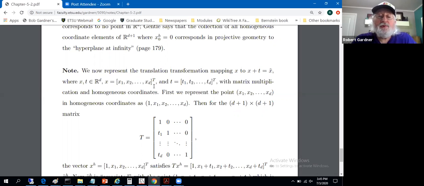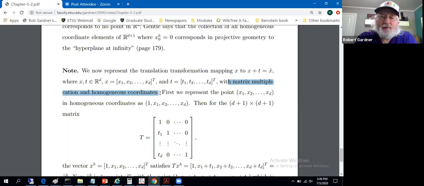And what we're going to do is represent translation with matrix multiplication. But you can't do that, because a matrix transformation is a linear transformation, and translation is not a linear transformation. Okay, we're going to use a trick, and we're going to use matrix multiplication, not on the original vector, but on the homogeneous coordinates.